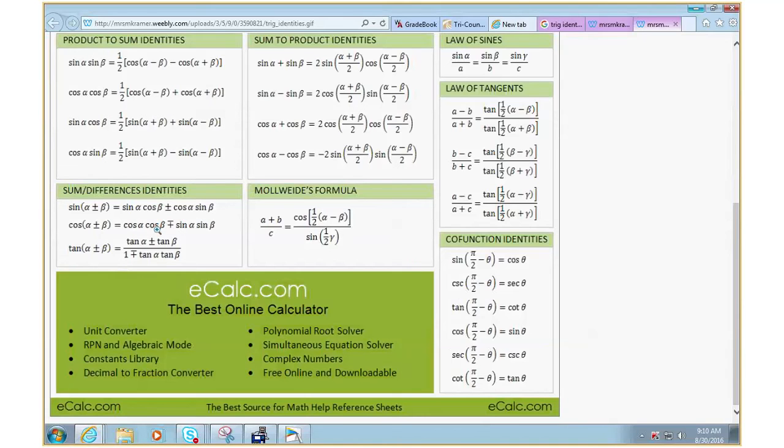That's your sum and difference identities. Again, you take what you know and you plug it into what you know. That's what manipulation and proving these identities are. We'll go to one in just a minute, and I'll show you what I'm talking about. But we just did these right here. There they are.